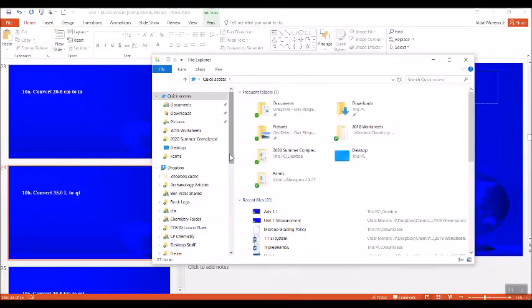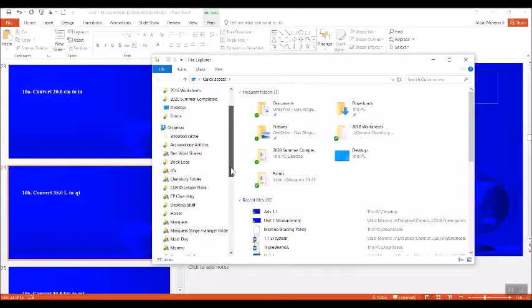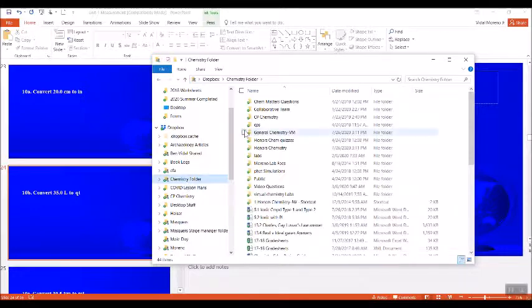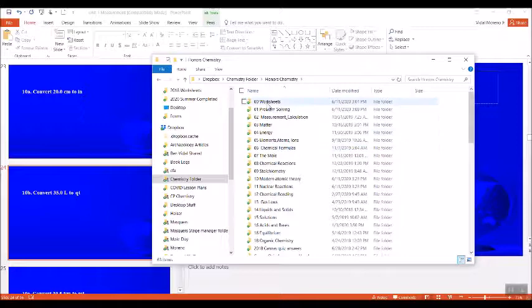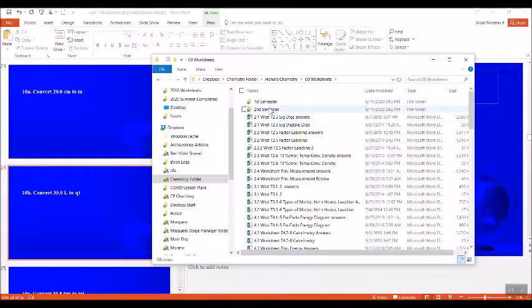I think it's 1.056 liters in a quart. I don't remember. So I'm going to have to come over here and look it up. I am so sorry.